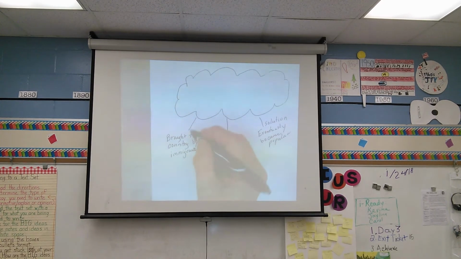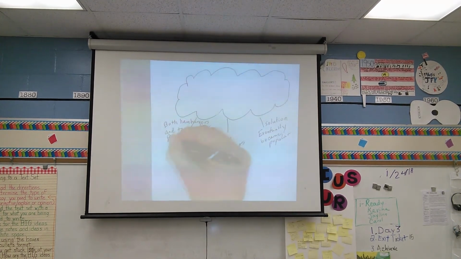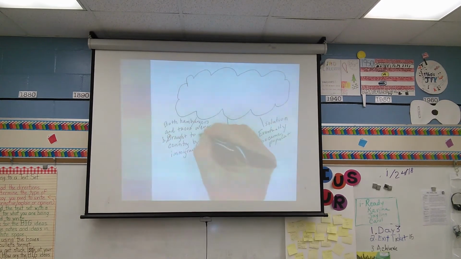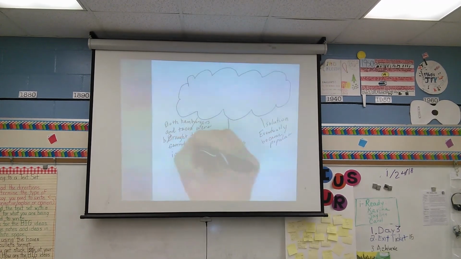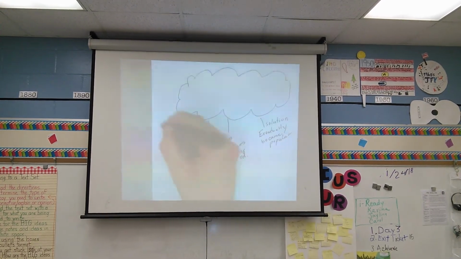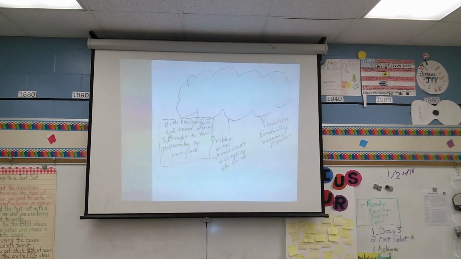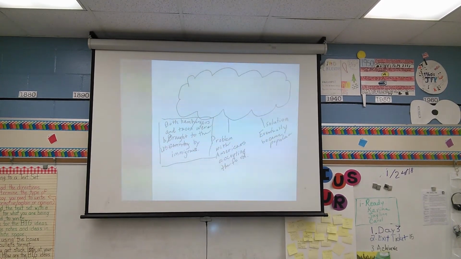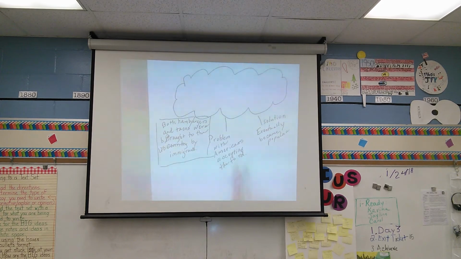So a way that you can write this as a sentence would be something like both hamburgers and tacos were, and then I will make this a lowercase letter, brought to the United States by immigrants. And so now it's a sentence. Now I can put a box around it. It's a main idea.